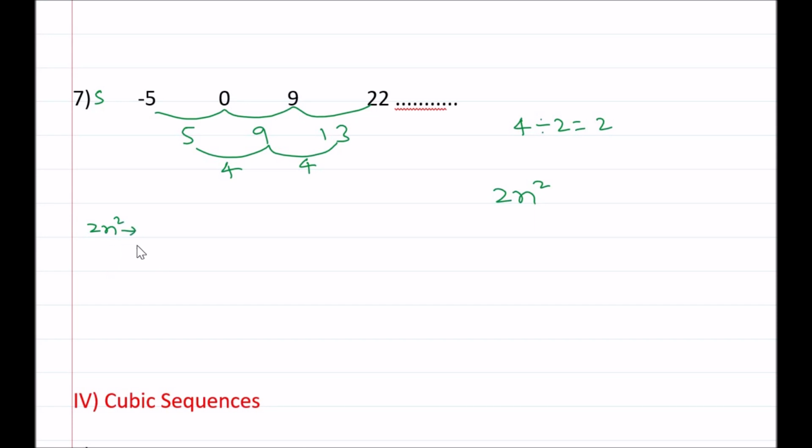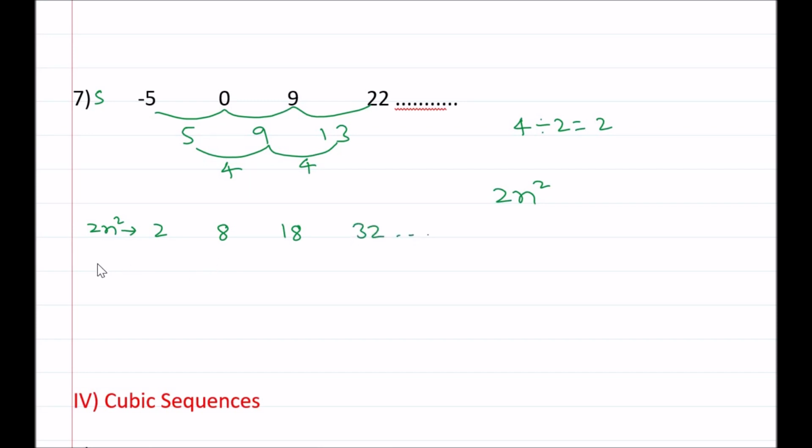So 2n square means 2 into 1 square for the first term, that will be 2. Then 2 into 2 square, that will be 8. 2 into 3 square, that will be 18. 2 into 4 square, that will be 32, and so on.